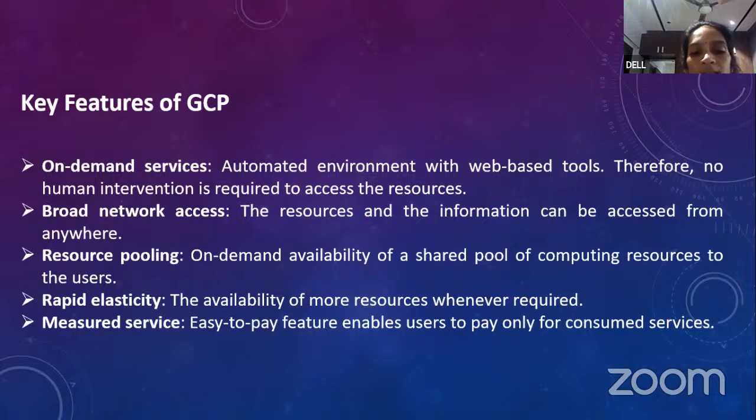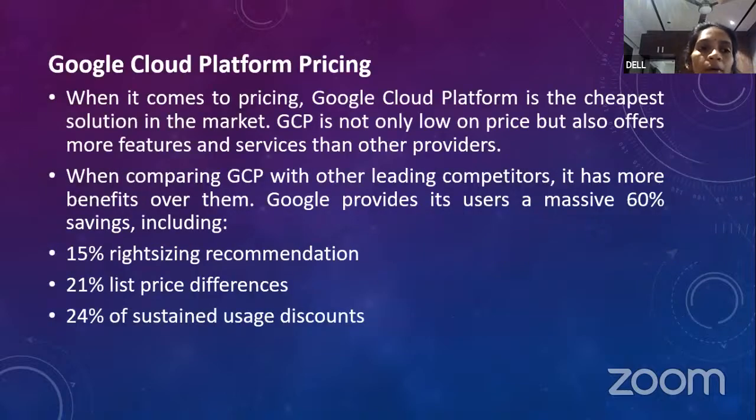Measured services, an easy pay feature, is available on Google Cloud. Google Cloud pricing: a 15% list price difference, and 24% sustained usage discounts it is giving now. When comparing GCP with other leading competitors, it has benefits over them. Google provides its users massive savings, including these discounts.